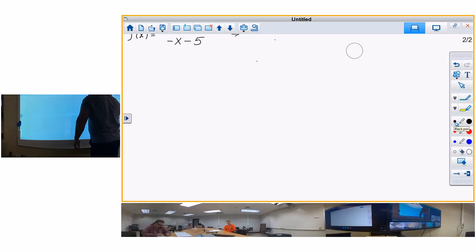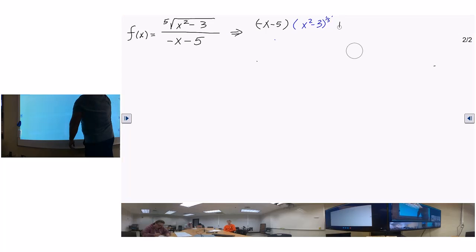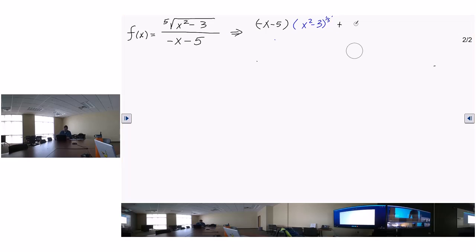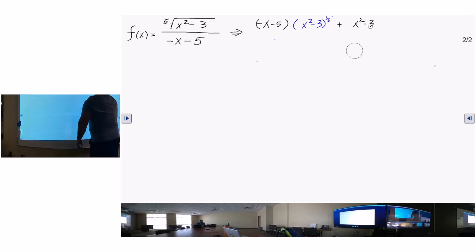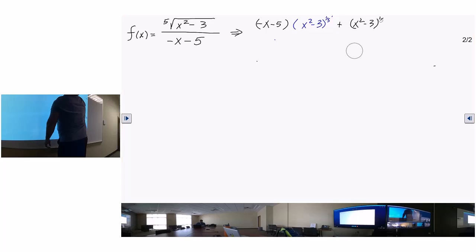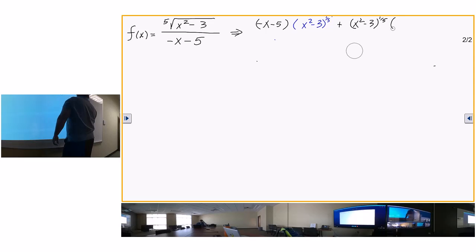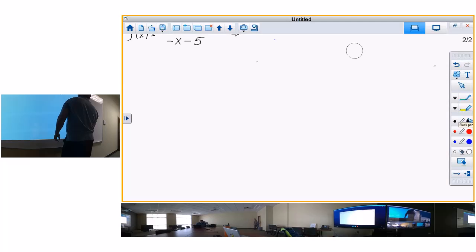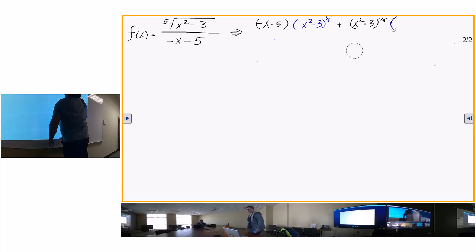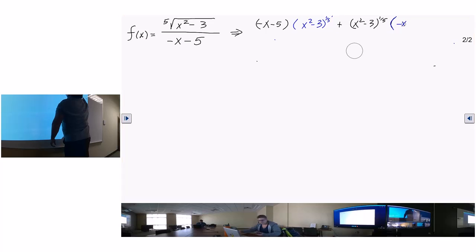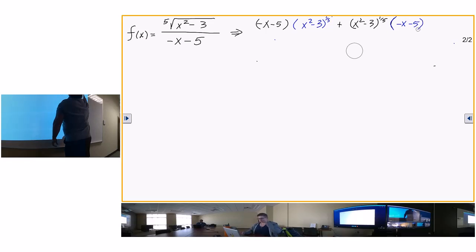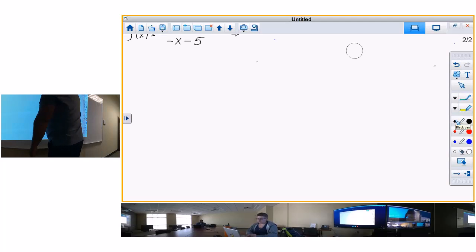Plus the numerator, x squared minus 3 to the 1/5 power, times denominator prime. Denominator is negative x minus 5, prime, over denominator squared.